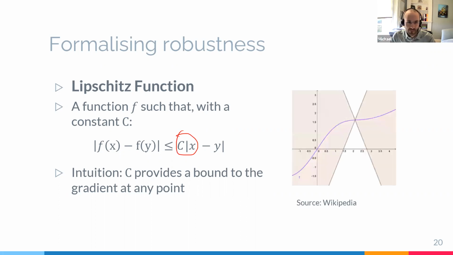And Wikipedia is very helpful as ever in understanding that, where we have this diagram where this diabolo shape that's moving across actually represents the value of c, and we can see that the gradient of this function never actually exceeds that value of c. So it's a useful method of explaining how stable a function is.